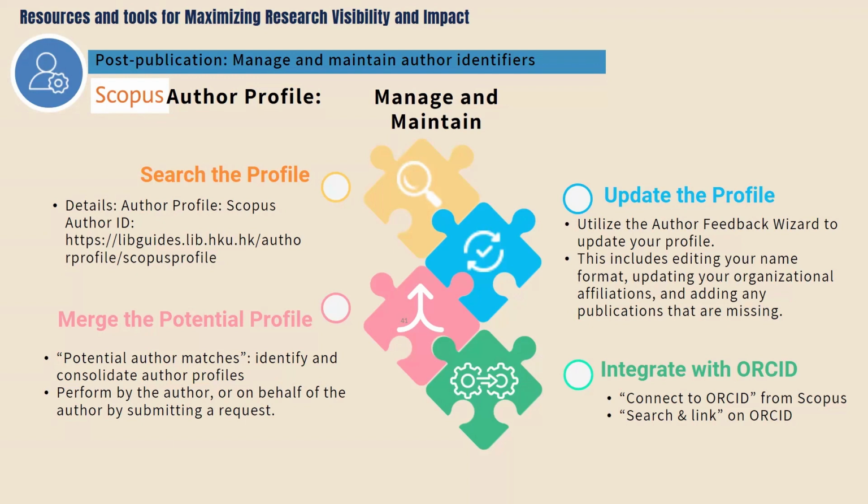The potential author matches feature aims at identifying and merging multiple author profiles. These merging procedures can be executed by the authors themselves or their assistants. For seamless integration of your research activities, it is advisable to connect your Scopus account with ORCID using the Connect to ORCID option available on Scopus or the search and link function in ORCID.